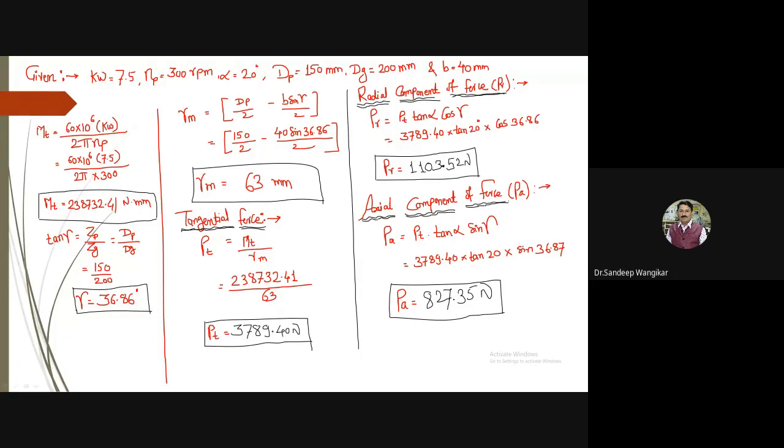The very first step is to calculate MT, torque transmitted, then gamma, then RM calculation. These are the basic things required to proceed further. Then PT, tangential force component, radial force component, and axial force component. Now all the forces are with us.